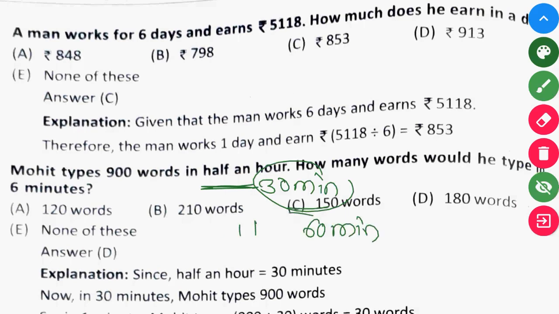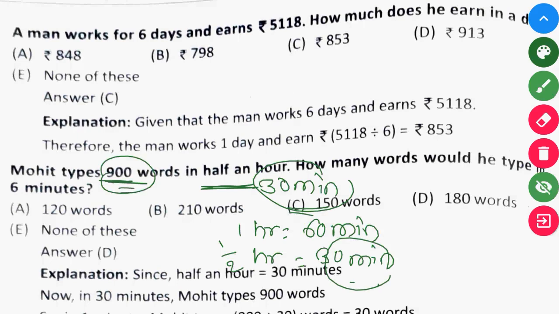So in half an hour there will be 30 minutes. And in 30 minutes, how many words does he type? He types 900 words. And we have to calculate how many words he types in 6 minutes.